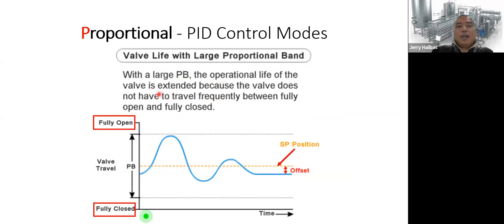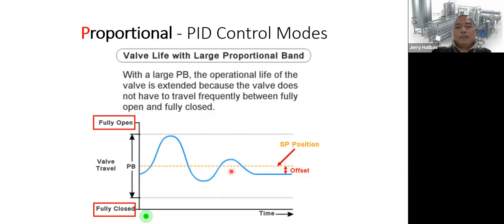With a large PB, the operational life of the valve is extended because the valve does not have to travel frequently between fully open and fully closed. Since the proportional gain is small, the valve takes longer to rise, longer to go down, longer to open, or longer to close. That is the advantage when the proportional band is large. So you can see the time spent is longer.